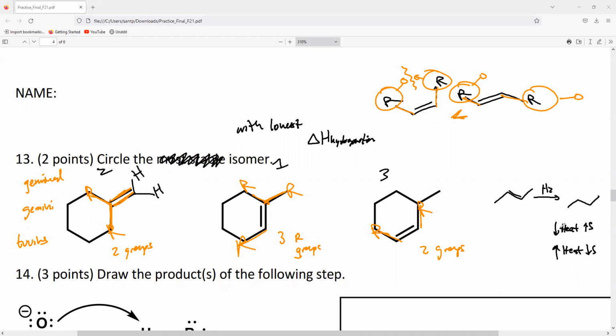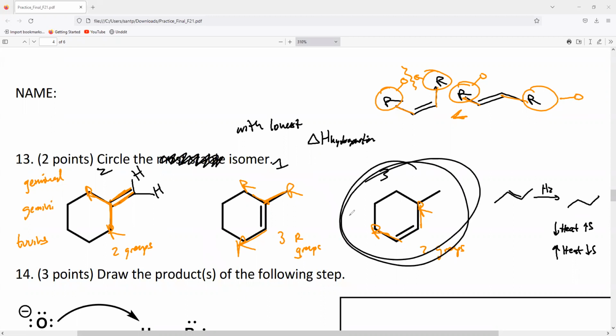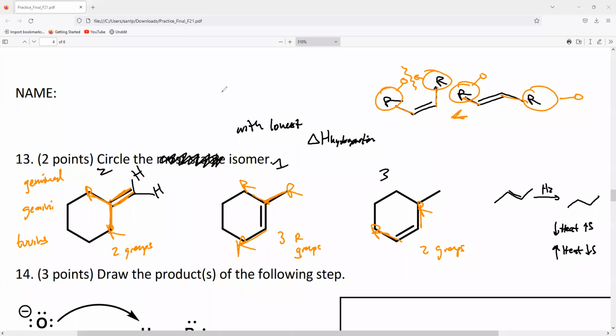So that's another way he could ask the question, right? Ask who has the lowest delta H value, or who gives off the lowest heat in hydrogenation. The answer would still be this one with the lowest, right? Highest would just be whichever one is unstable. I guess that would be this guy here, but he should have a better example, right? Cool. All right. So that's all I have to say for that one.